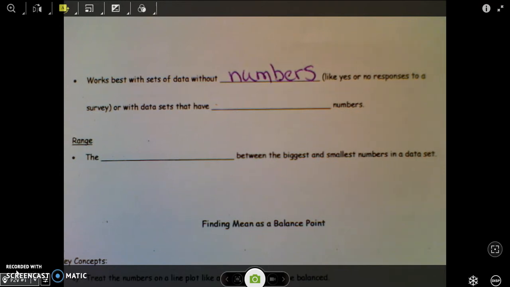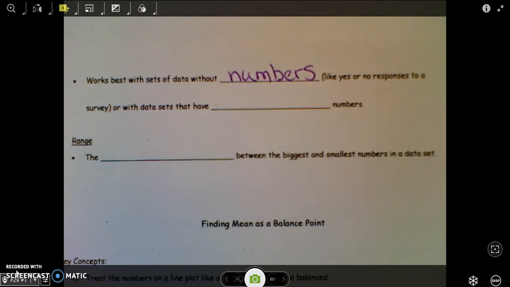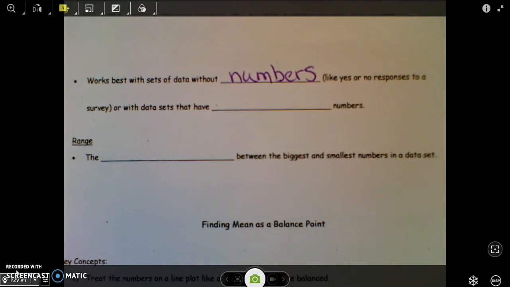I cannot even find the mean or the median if I wanted to. I can't add up red plus blue plus purple plus green and divide by 3. I can't total anything. Also, I couldn't list them in order from least to greatest because, again, there's no numerical value, so I can't put them in any type of a ranked order and pick the middle one.